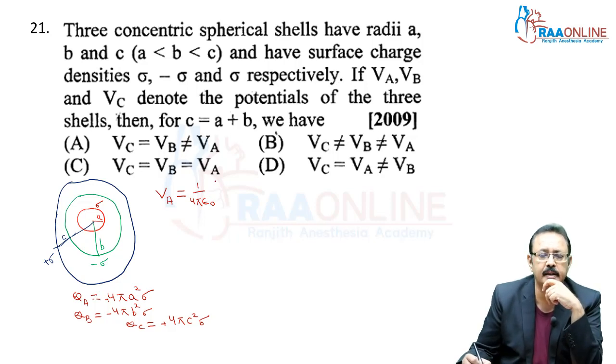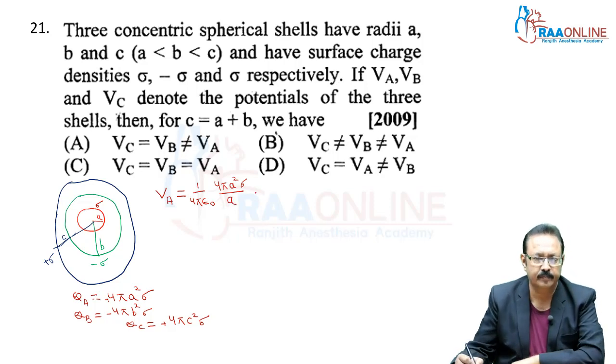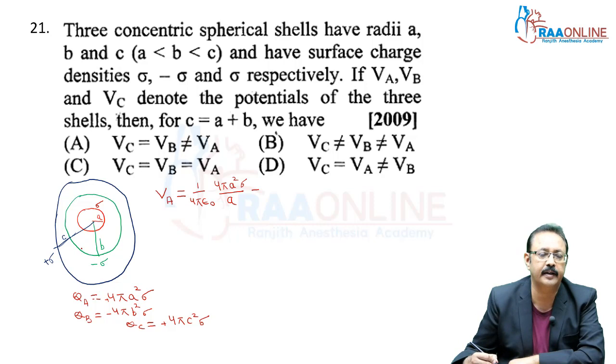Charge is 4πa²σ, at a distance a. Due to the charge on B, it should be negative. Its distance from the center is b.